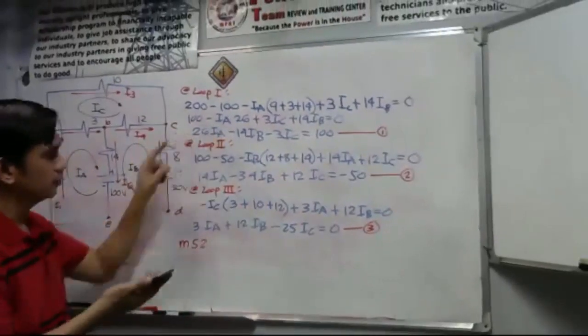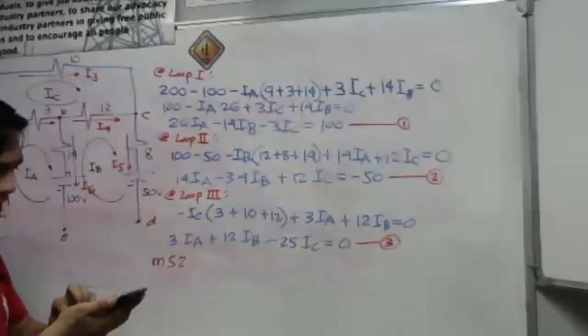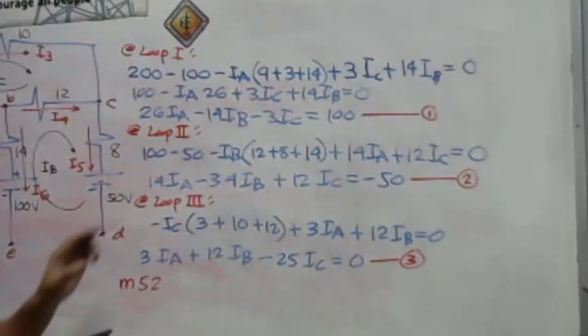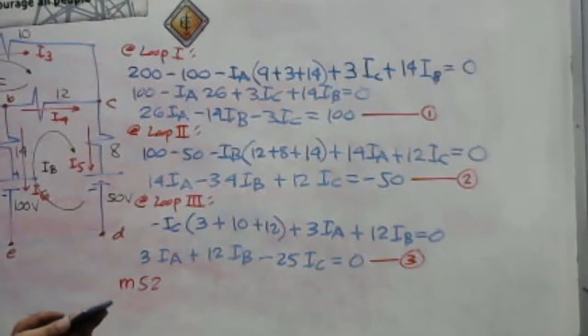Again, we have 26 equals, negative 14 equals, negative 3 equals, then we have 100 equals.